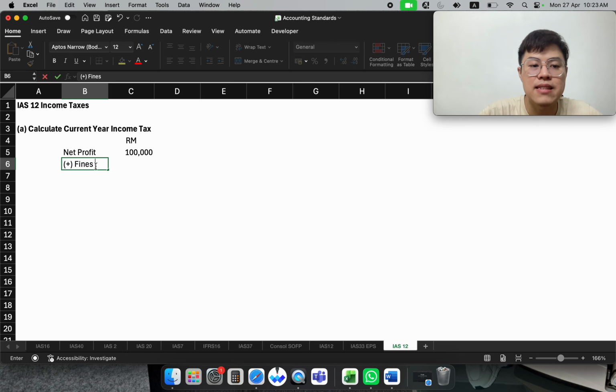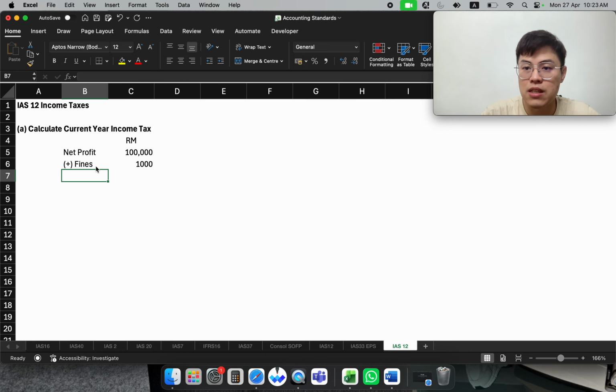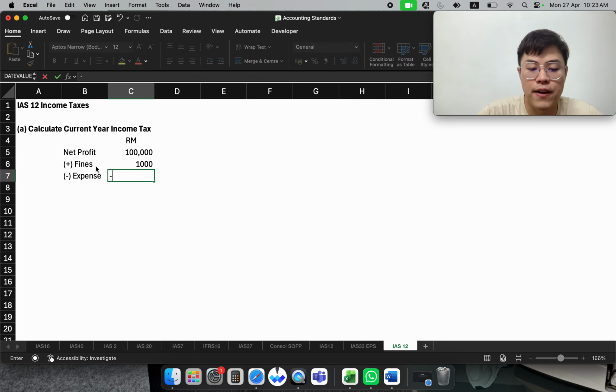Plus back the fines, because fines are disallowable under income tax. Maybe you have double deductions, some expenses that you can double deduct, for example.